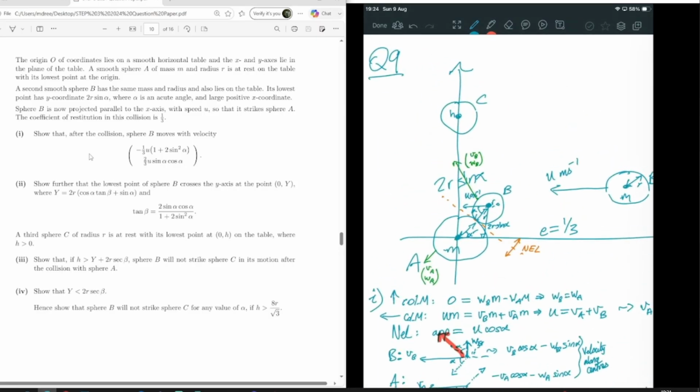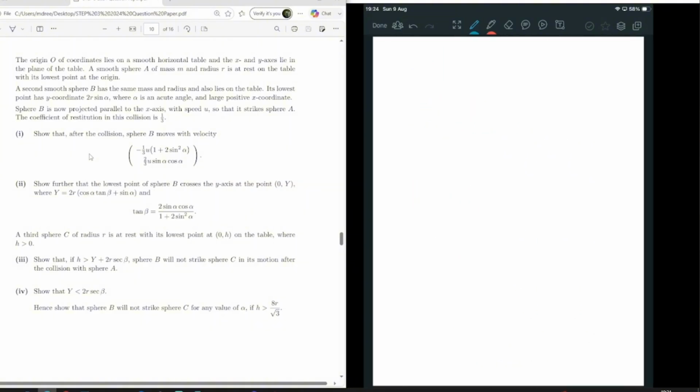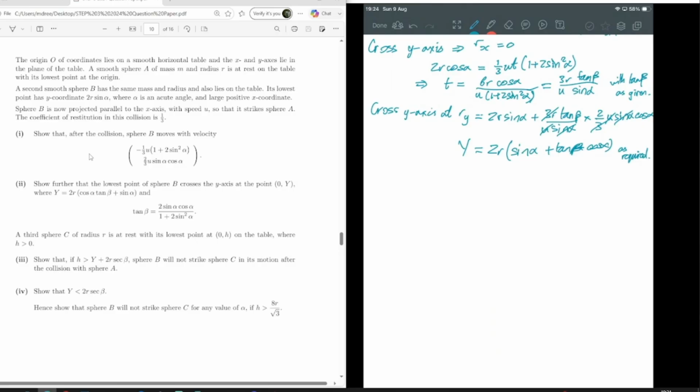So we want to show that if h is bigger than that, sphere B will not strike sphere C in its motion after the collision. So we now have, and I'm going to draw another picture to go with this.